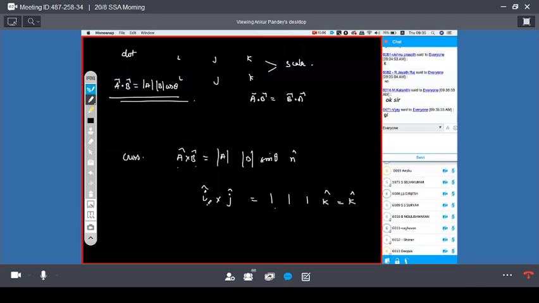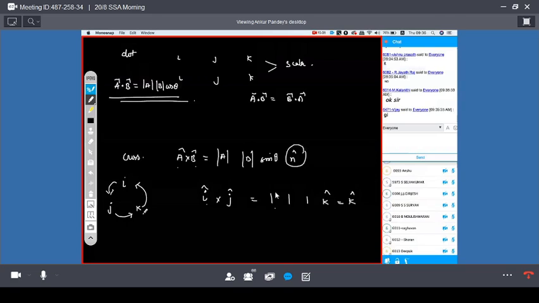Sine theta, what is the angle between x-axis and y-axis? 90. Sine 90 is 1, so 1, 1, 1. But what is a unit vector which is mutually perpendicular to both i and j? A direction which is perpendicular to both x-axis and y-axis is z-axis, right? Clear? So in the same way, i cross j equal to k.